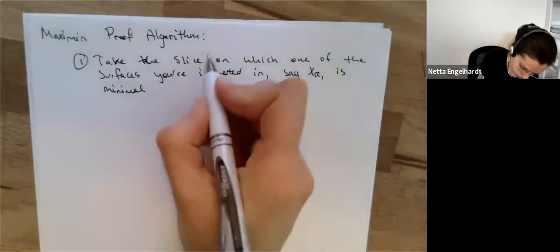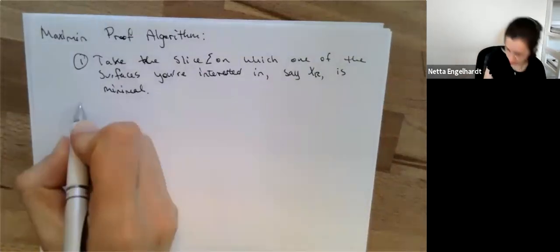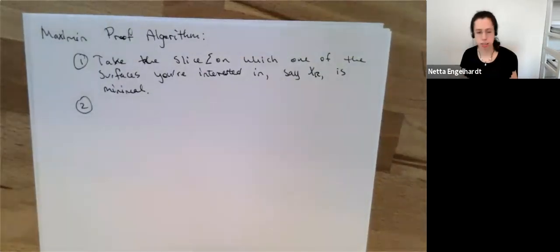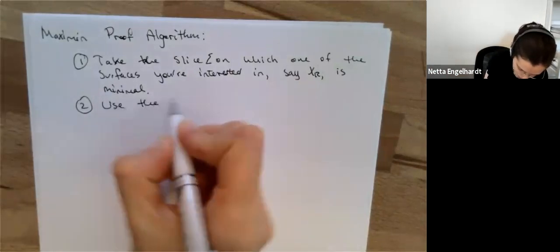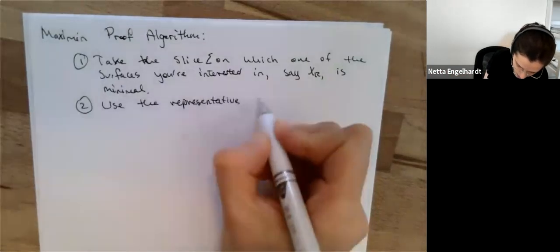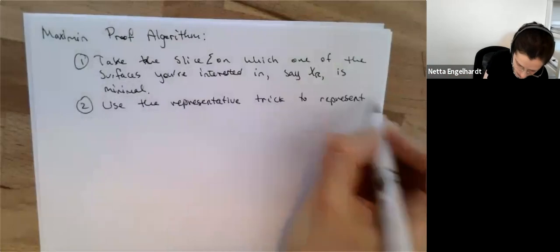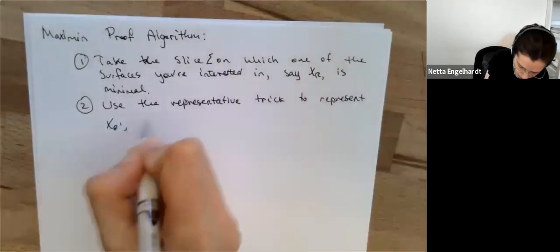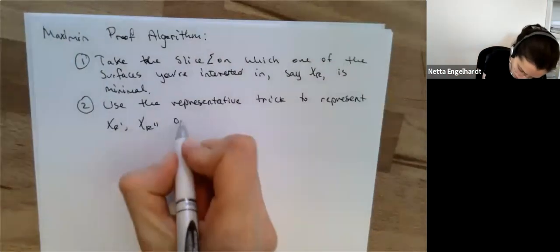Let's call it sigma. Two, now you use the representative trick to represent all other relevant extremal surfaces on that same slice, you know, XR prime, XR double prime, whichever surfaces you're interested in, on sigma.